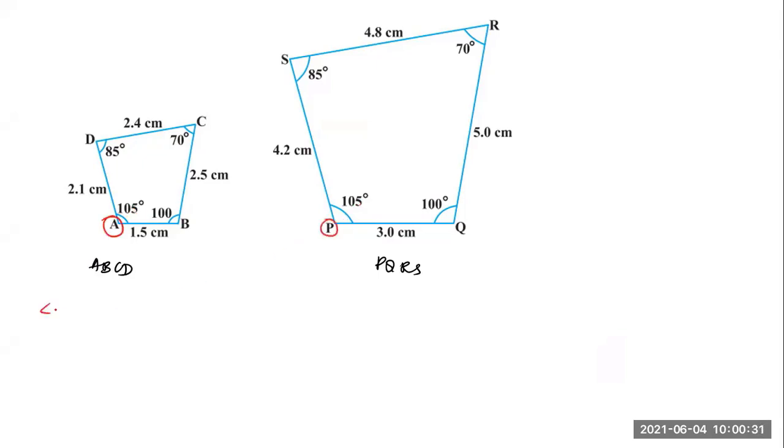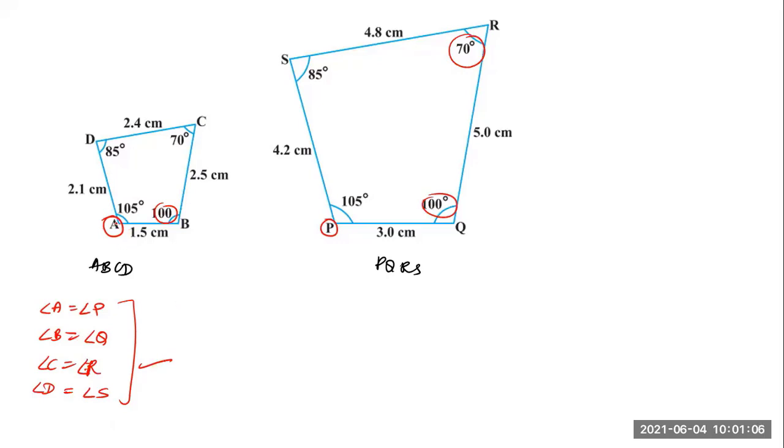So angle A is equal to angle P, corresponding. Angle B is 100 degrees, and angle Q is also 100 degrees. Angle C is 70, and angle R is also 70 degrees. And angle D and angle S. So angles are equal. Now what about the sides?